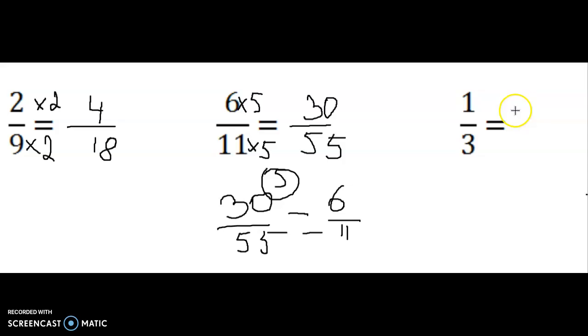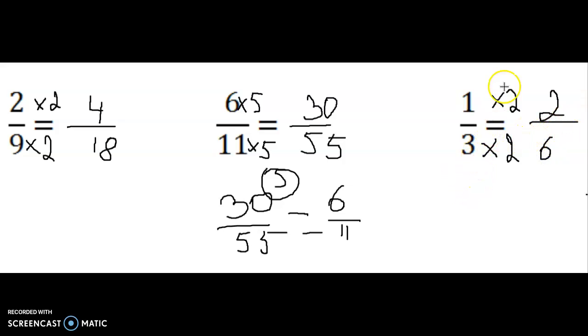Okay, the next is 1/3, and here we will just multiply by 2. 2 times 1 is 2, and 3 times 2 is 6.